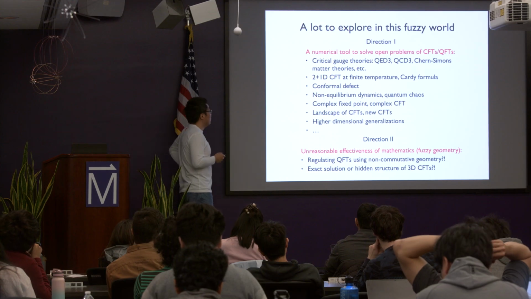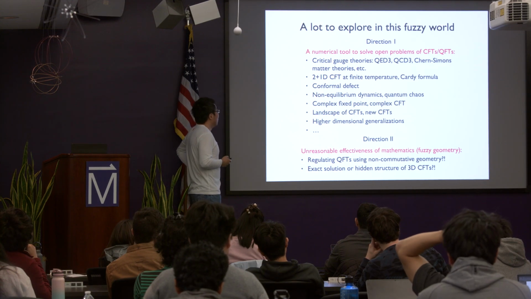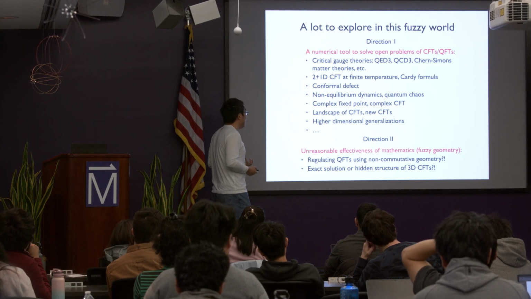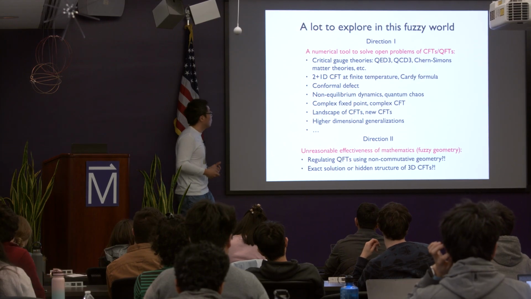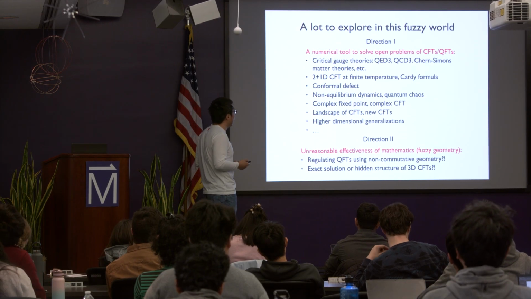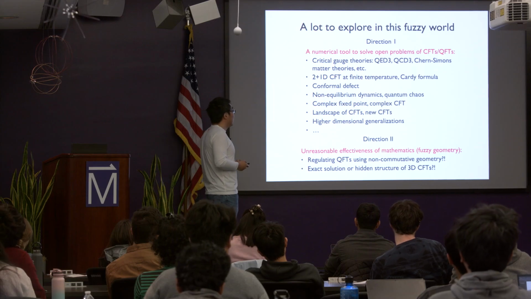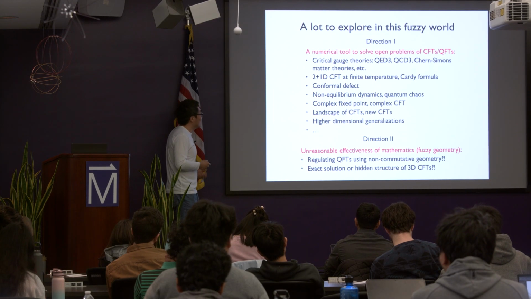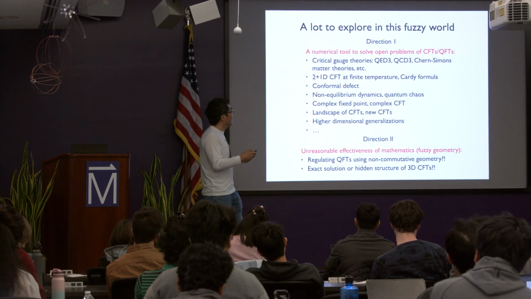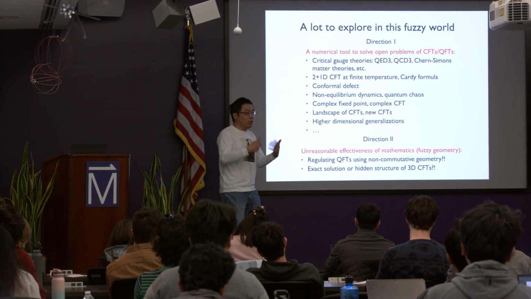There are really many interesting theories, like QED gauge theories, and Chern-Simons matter theories, which describe the phase transitions of quantum Hall, topological order, and so on. You can also look at other things like CFTs at finite temperature, which will be relevant to experiments. And you may also have heard that CFT at finite temperature is dual to black holes in quantum gravity.